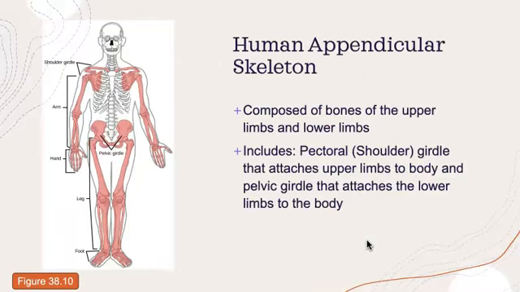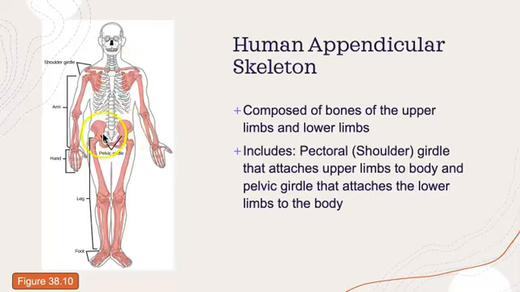Now let's move into our appendicular skeleton. Like we mentioned before, this is composed of our upper limbs and our lower limbs. It'll include what we call the pectoral or shoulder girdle, which will attach our upper limb bones and obviously attaches our upper body to the axial skeleton.